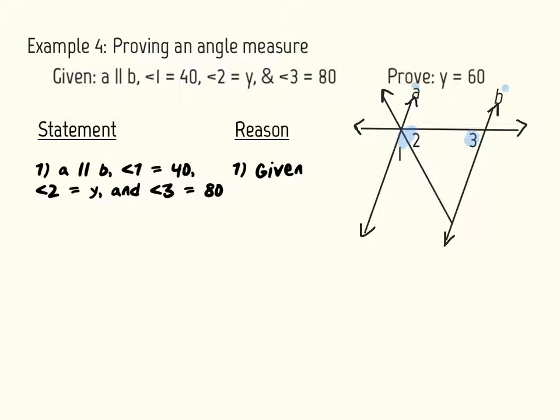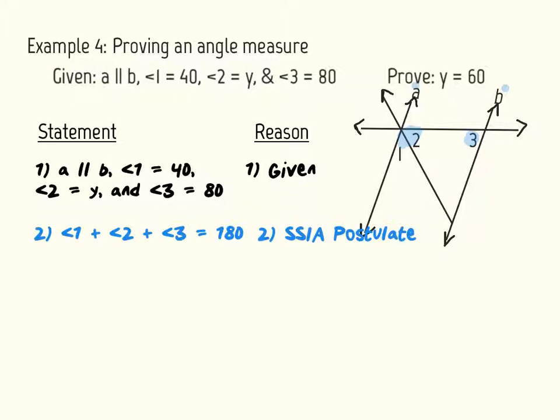So these angles here are going to sum to 180 degrees. That implies that angle 1 plus angle 2 plus angle 3 is equal to 180 degrees by the same side interior angle postulate.